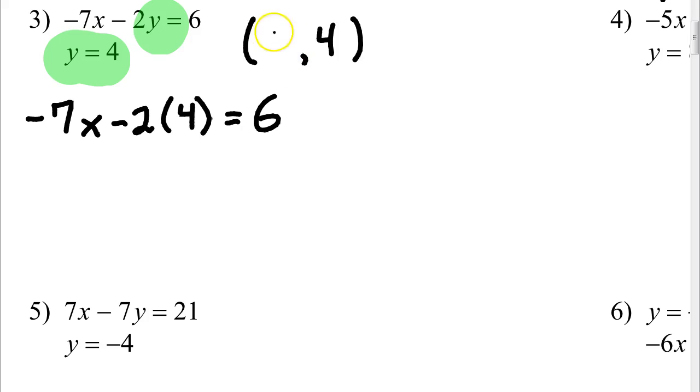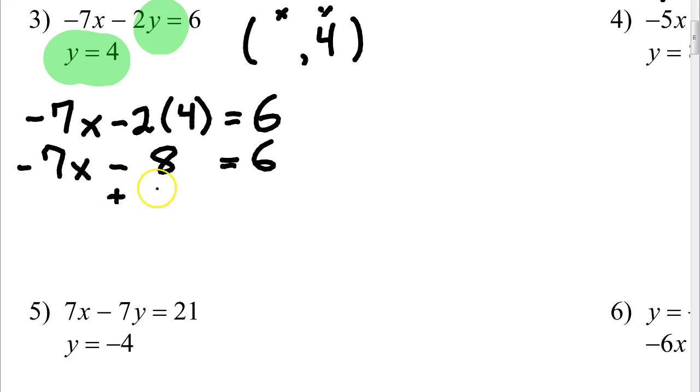So I'm doing all this just to find out what my x is, right? It's kind of nice if this is on a test or quiz, you already have half the answer. So we have negative 7 times what, minus 8 is 6. Multiply some number times negative 7, take 8 away, and the answer is 6. Find out what that number is.